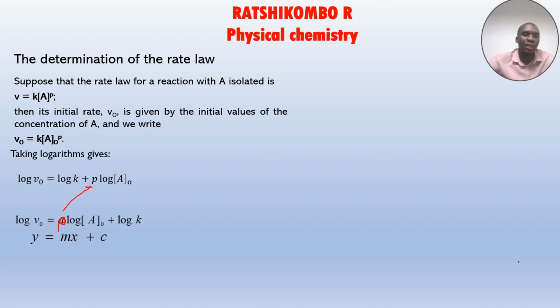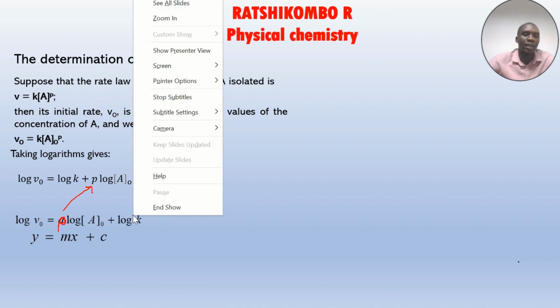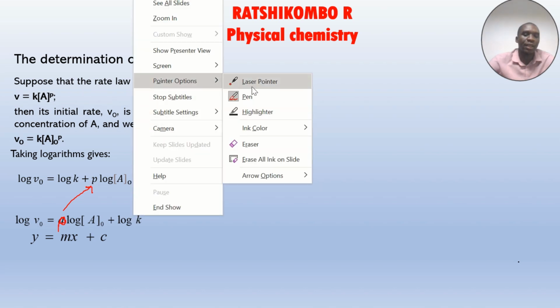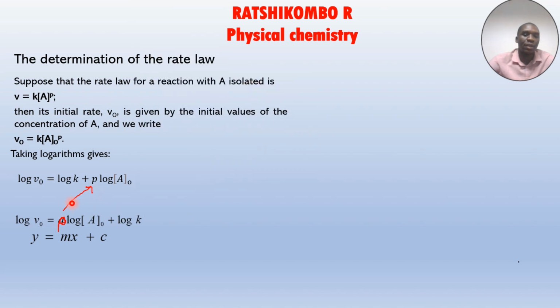So in other words, log V0 is equal to P log A0 plus log K. Let me get the pointer so that I can show what I'm talking about. P is this one, log A0 is this one, plus log K, and log V0 is the same log V0 as this one.